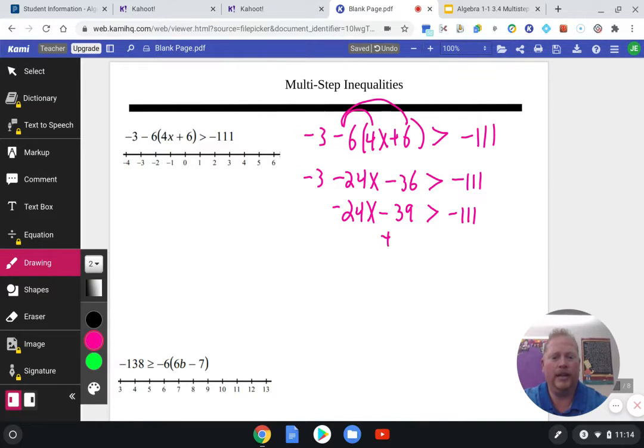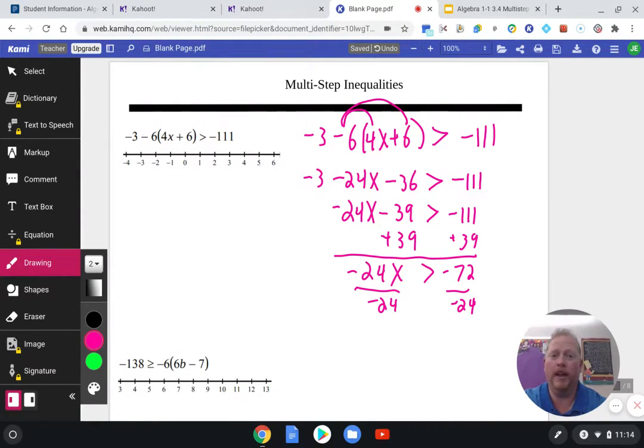So let's add 39 to both sides. Let's see here, that's going to be -72. Divide by -24. And I need to remember that when I multiply or divide by a negative, that inequality sign flips and goes the other direction. So x is less than 3.